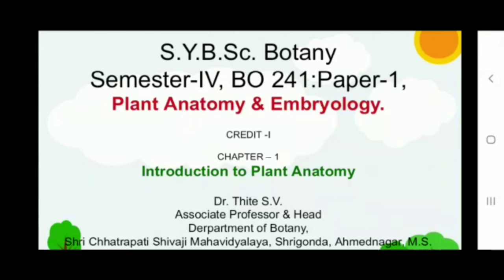So these are some brief historical works in plant anatomy by some famous scientists. Then after that, the next point is the scope of plant anatomy.